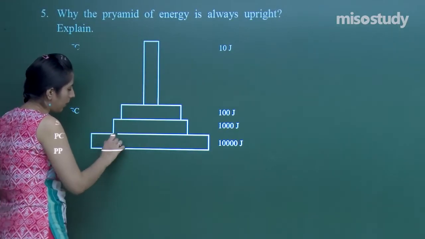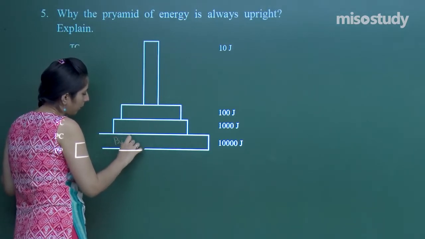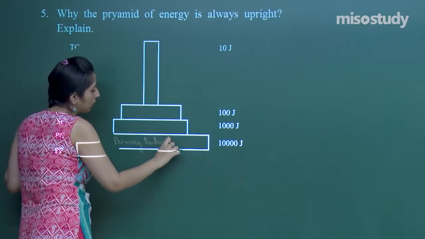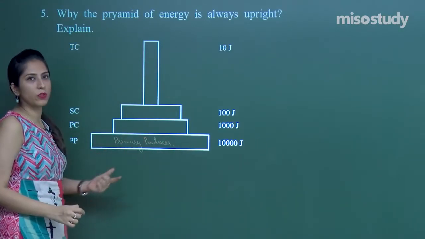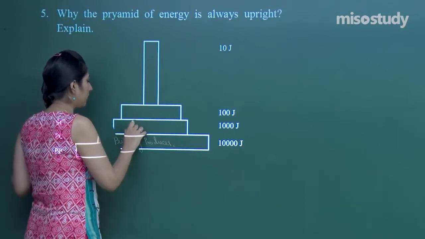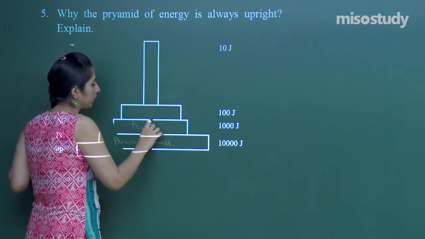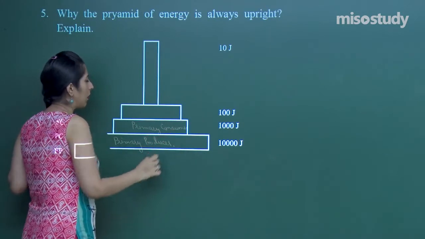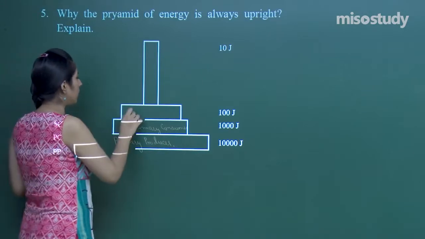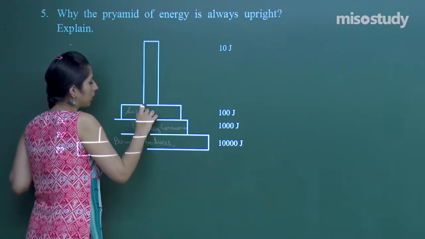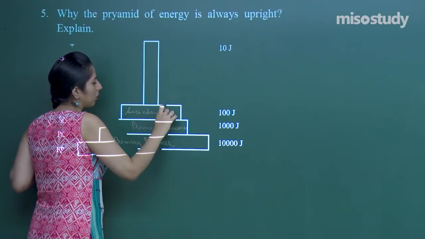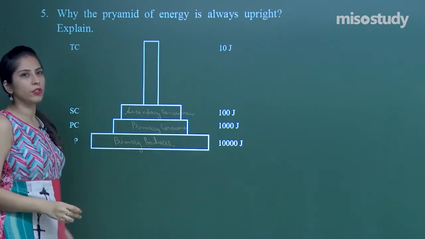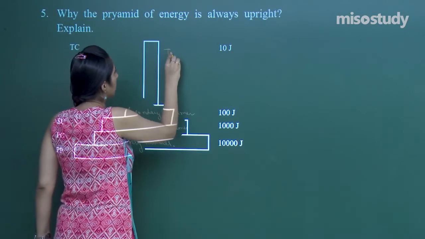So I am writing over here. Second, this is PC, which means primary consumer. Third one is secondary consumer. And this is TC, which means tertiary consumer.